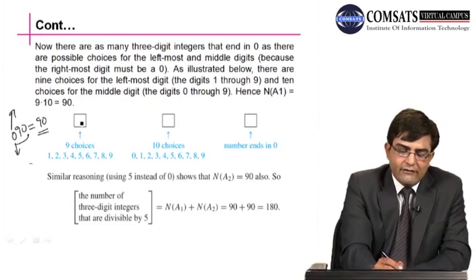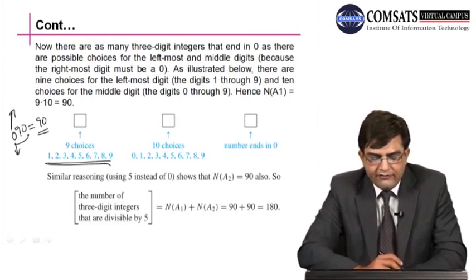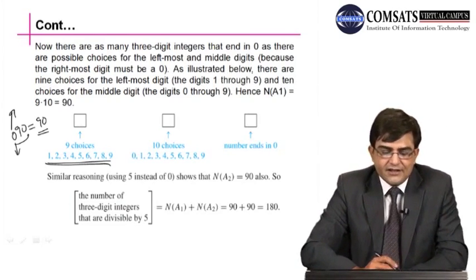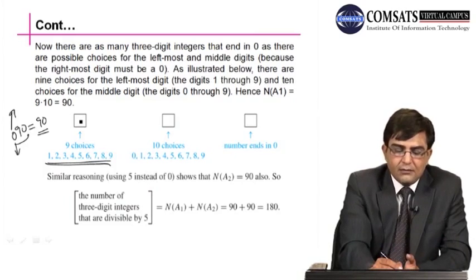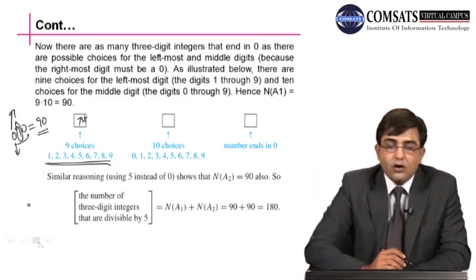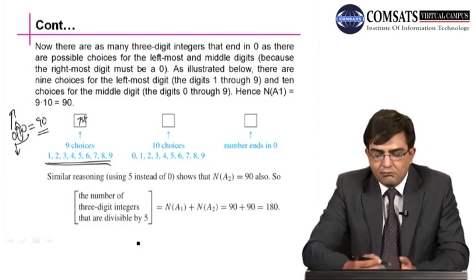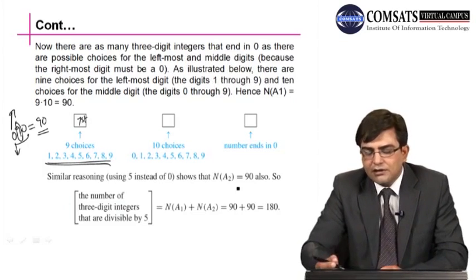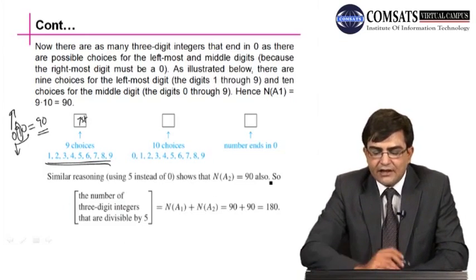So at the first place we have 9 choices, one of these 9 integers may come here. Now the second digit of the 3-digit integer may be 0, 1, 2, 3, 4, 5, 6, 7, 8, 9.